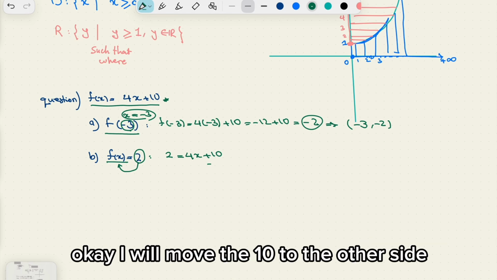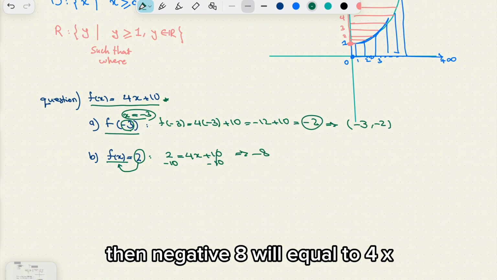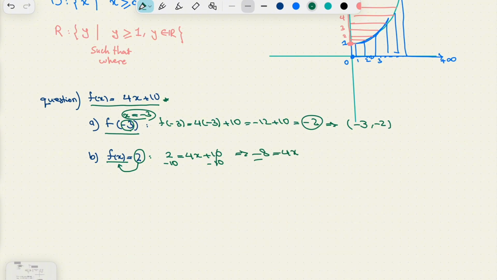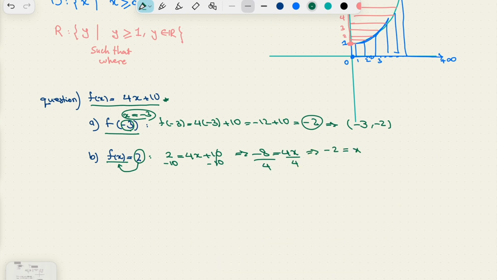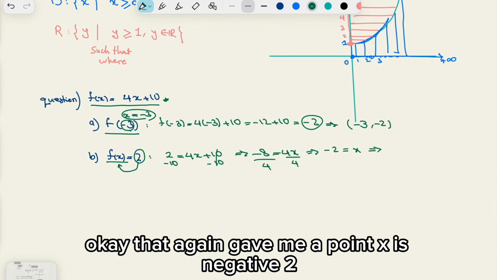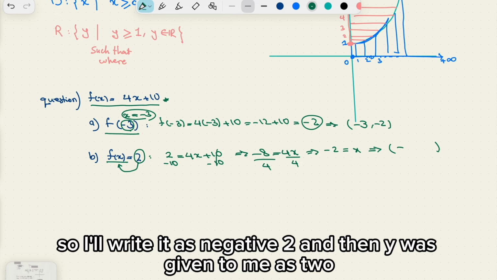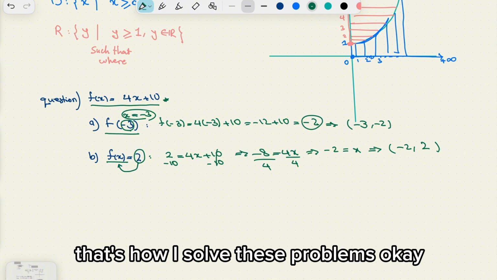Okay, I will move the 10 to the other side, then negative 8 will equal 4x. Then I will divide by 4 on both sides, which gives me x as negative 2. Okay, that again gave me a point. X as negative 2, so I'll write it as (negative 2, 2), y was given to me as 2. That's how I solve these problems.